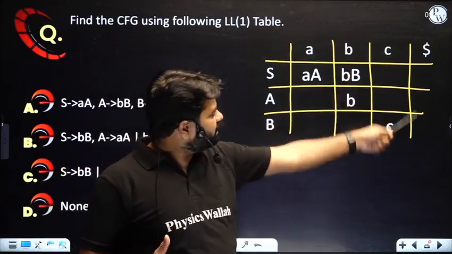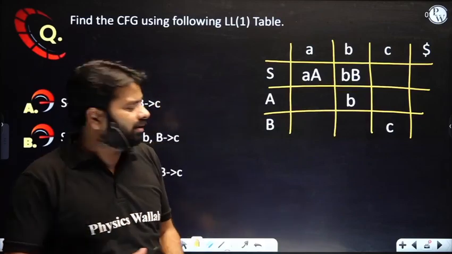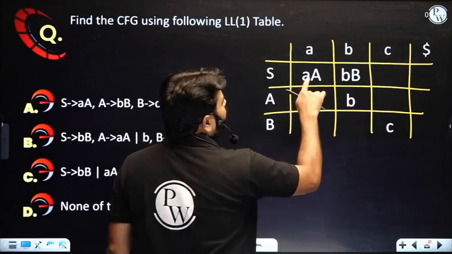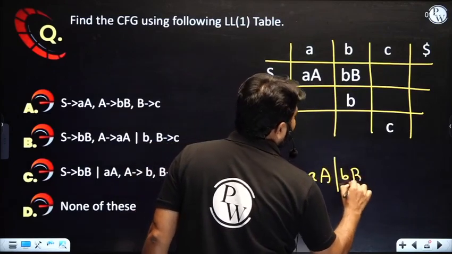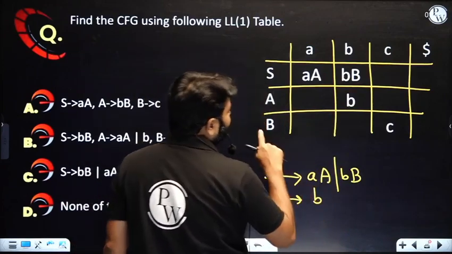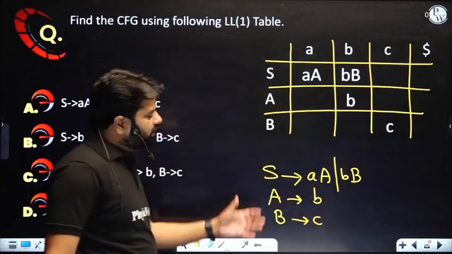Some productions might be repeated, it is fine. When you look at the S row, S arrow A or B B, if anything is repeated, do not write it twice, just one time is sufficient. When you look at the A row, A arrow B, that is it. When you look at the B row, B arrow C. That is all. This is your grammar.